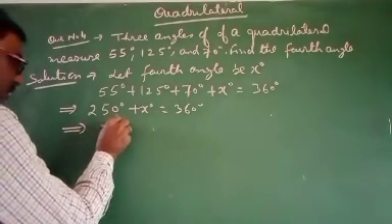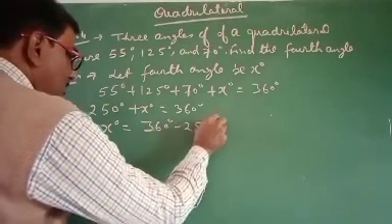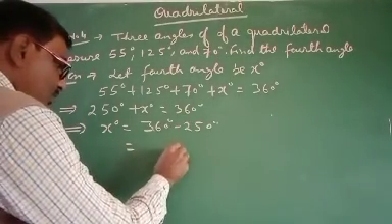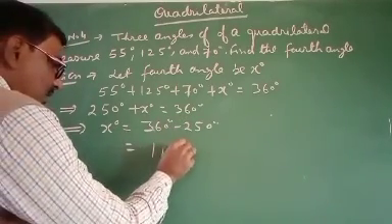Therefore x degree equals 360 degree minus 250 degree. 0 minus 0 will be 0, 6 minus 5 equals 1, 3 minus 2 equals 1, so 110 degree.